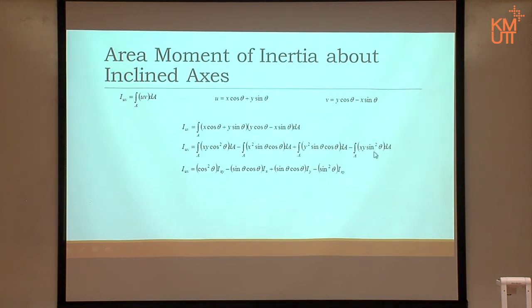We have these four terms. Notice everything will be xy dA, x square dA, y square dA, and xy dA again, so we can translate it back into ix, iy, and ixy. Again, regroup them, and then we have that form, the same set of equations. Substitute it in, regroup them, and then we have that form.